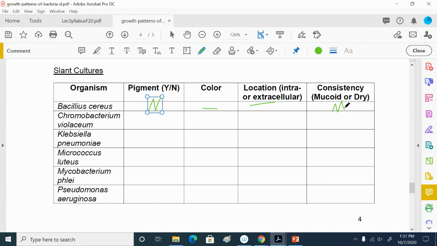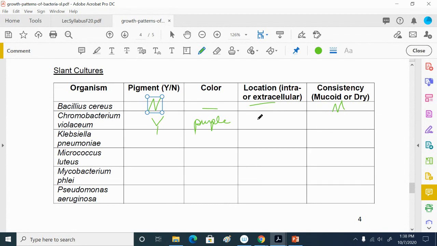Now, Chromobacterium violaceum, did that have a definite pigment? Yeah, it did. And what color was it? Was it purple or black? Very dark purple, right? Was it intracellular or extracellular? Intracellular.